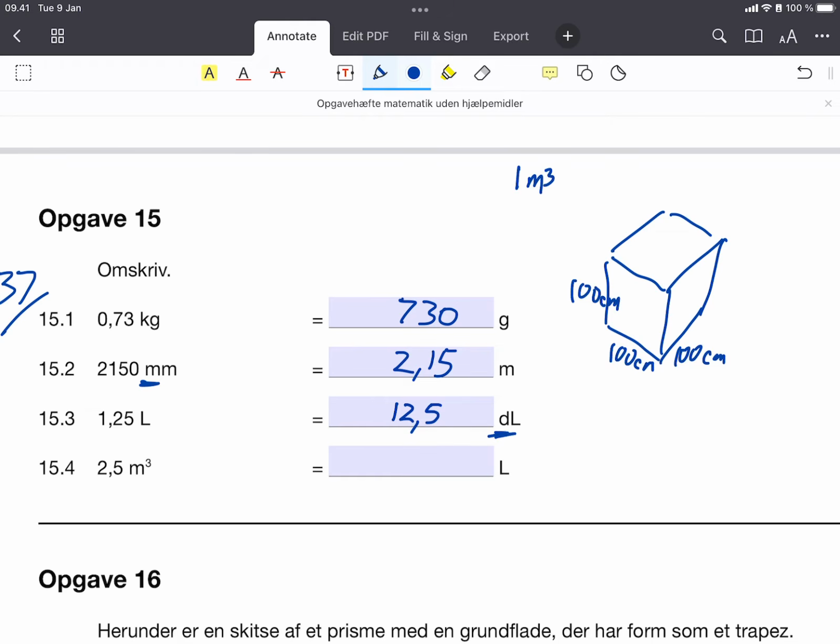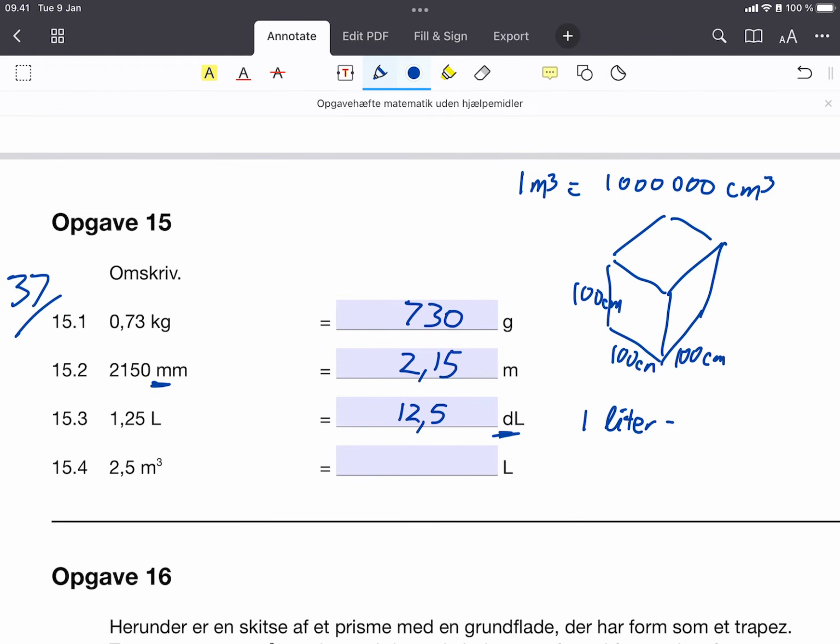So 1 meter cubed equals 1 million centimeters cubed. Now, by definition, 1 litre, perhaps I should write that in Danish, litre with ER, equals 1,000 centimeters cubed. So that's information you ought to know.